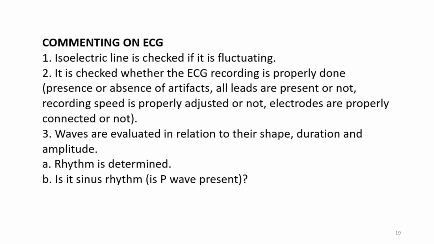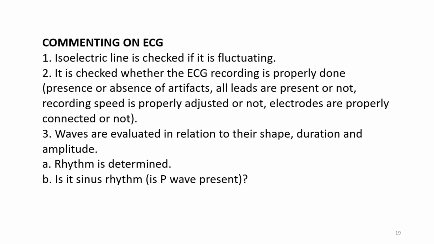Now commenting on electrocardiogram. First, isoelectric line is checked if it is fluctuating, and then it is checked whether the electrocardiogram recording is properly done. Are there any artifacts? For example, all leads are present or not, recording speed is properly adjusted or not, electrodes are properly connected or not.